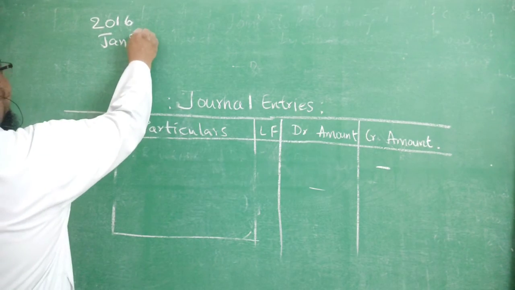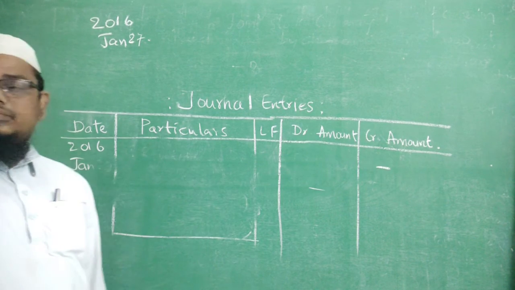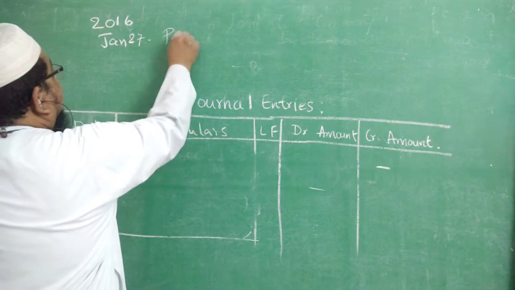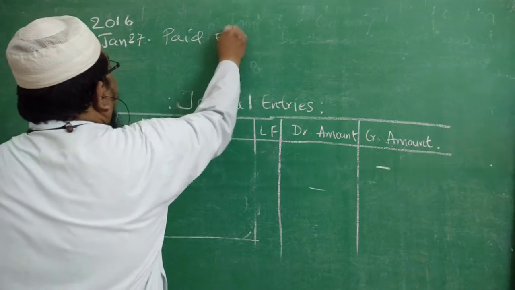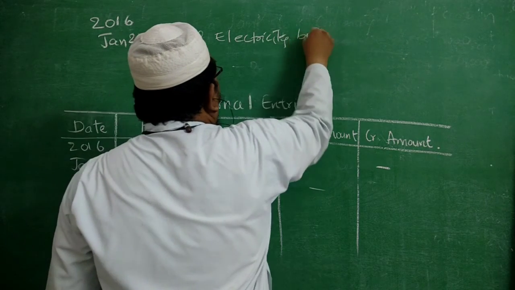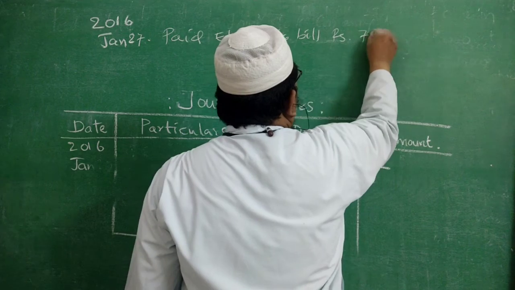On January 27, paid electricity bill rupees 7,000.